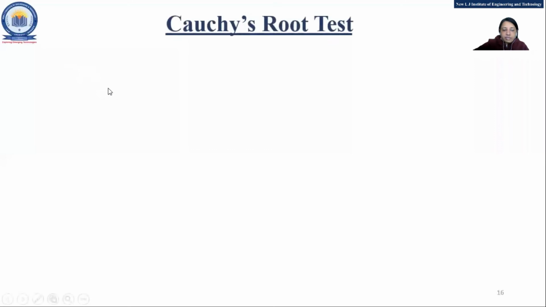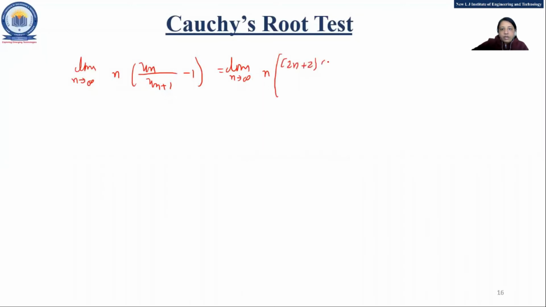Limit n tends to infinity n into un upon un plus 1 minus 1. So it would be limit n tends to infinity n into, now what is our un upon un plus 1? That is 2n plus 2, 2n plus 3 upon 2n plus 1 square minus 1.